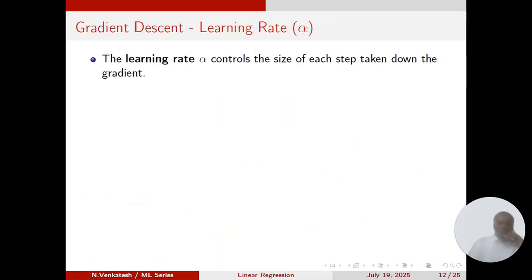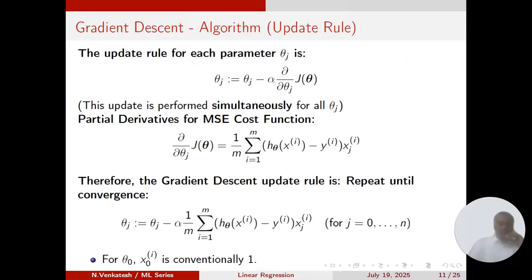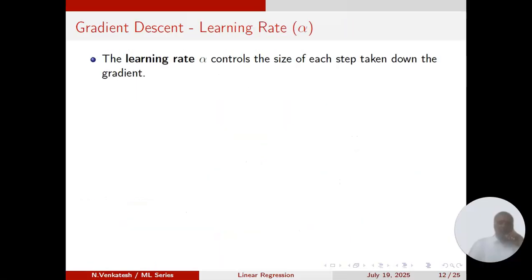There is an important parameter here, alpha, the learning rate, that controls the size of each step taken down the gradient.